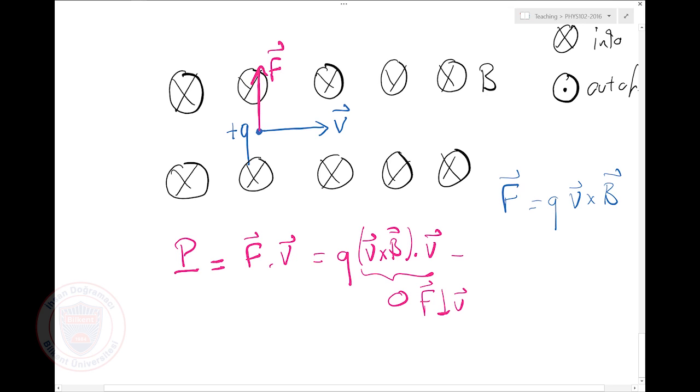Which means the kinetic energy of this particle is the same. So magnetic force does no work on the particle. Oh, that's also an important principle.